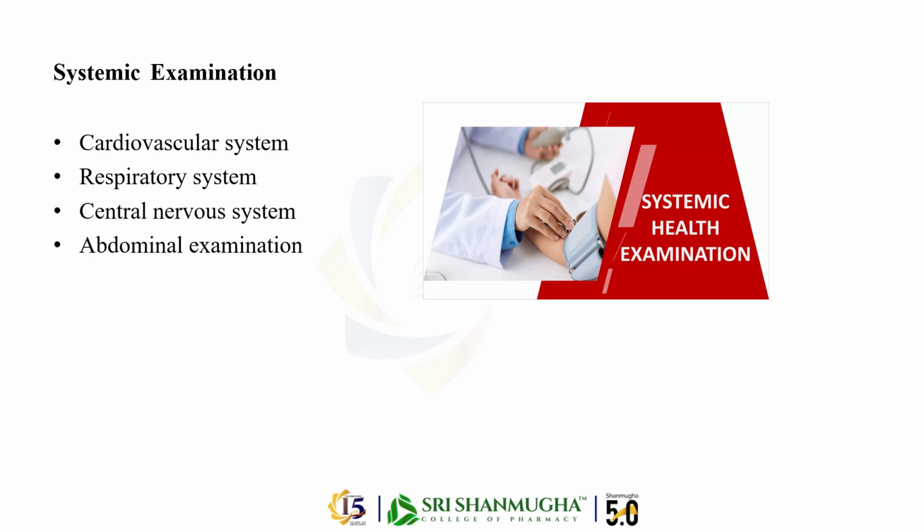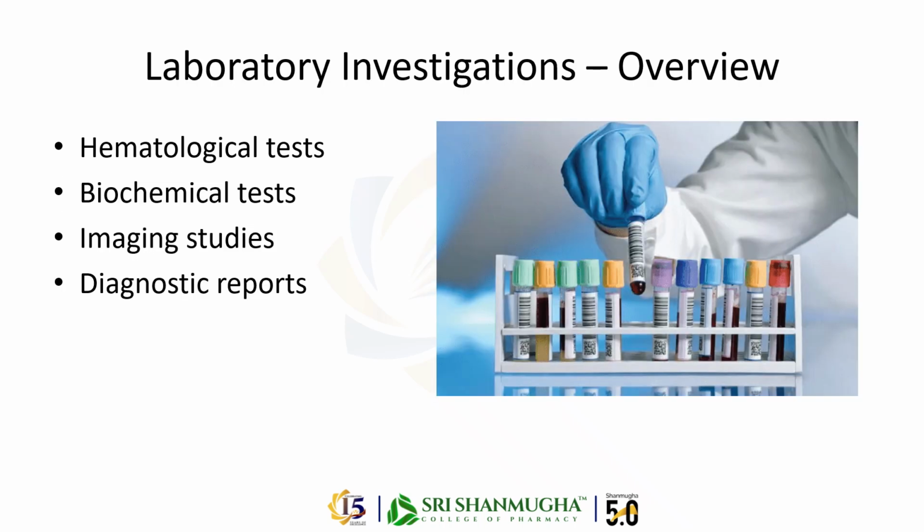Here we see the cardiovascular system, that is CVS sounds S1 and S2, and the respiratory system, whether their breathing is normal or abnormal, and CNS, that is central nervous system, and abdominal examination for softness, tenderness or something else. Next, laboratory investigation. This includes the lab tests, everything: hematological tests, biochemical, imaging, whether CT scan, USG or MRI, and diagnostic reports.